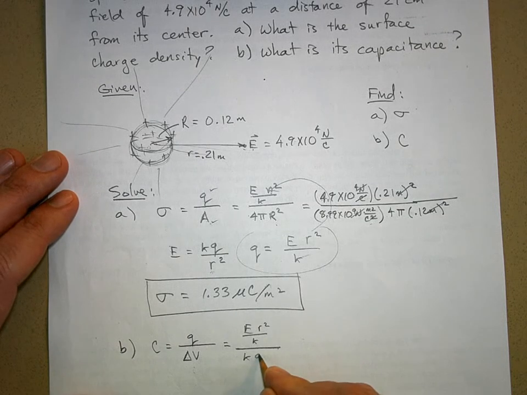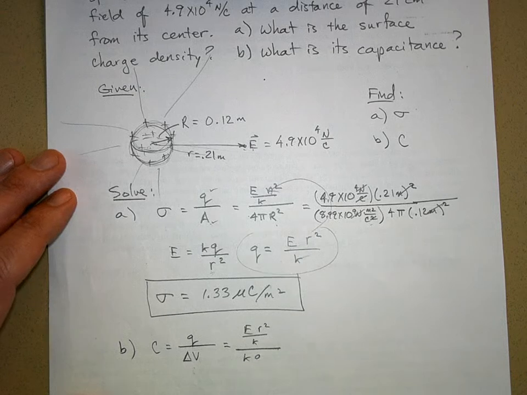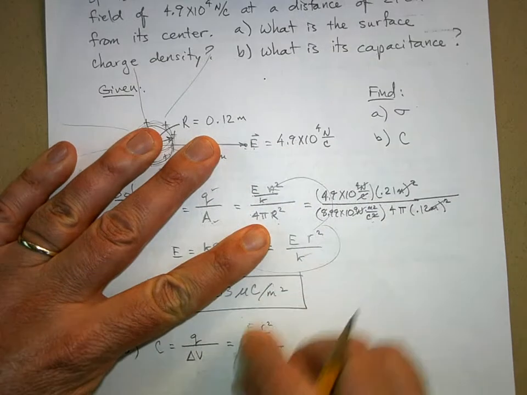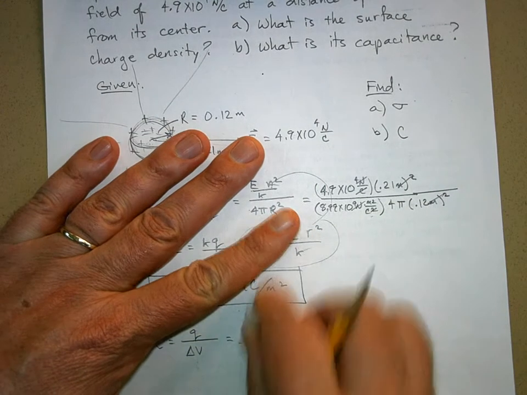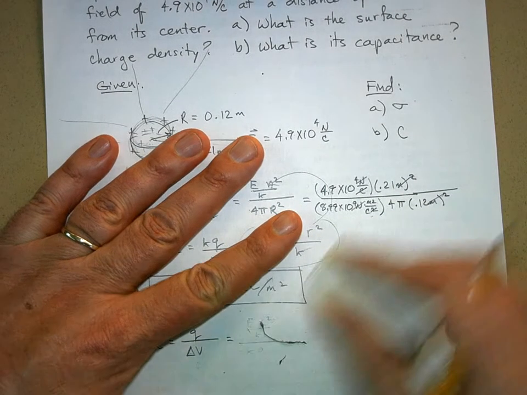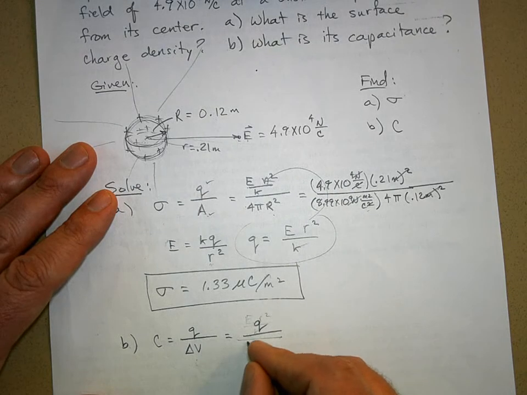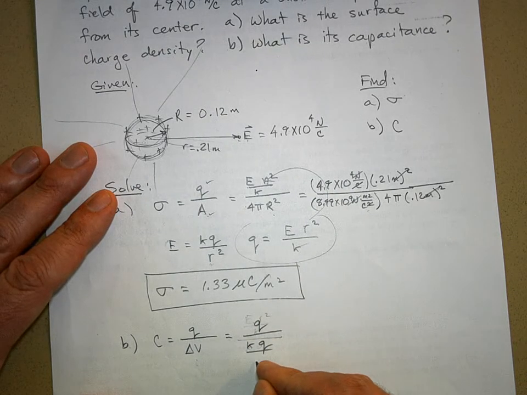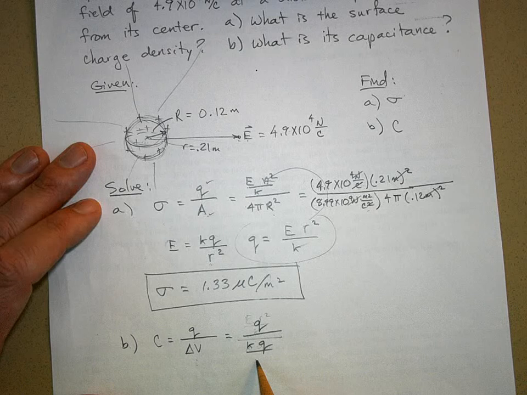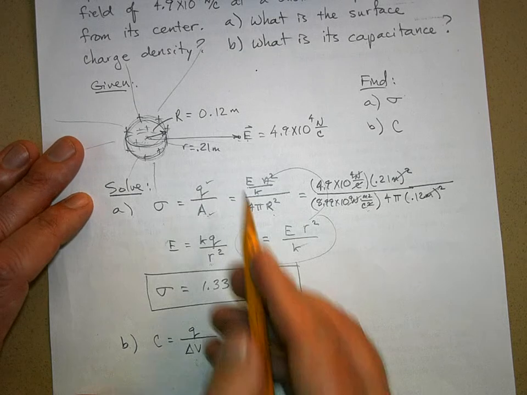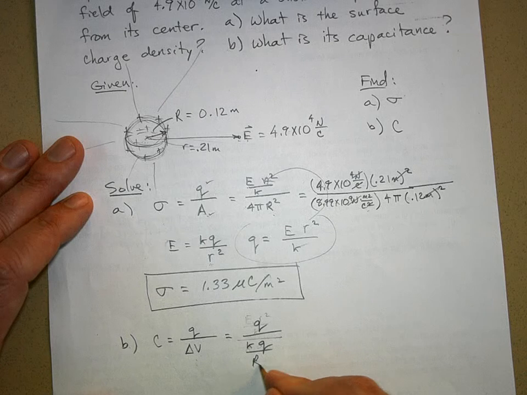Oh, wait a minute. Oh, hold on a second. I was doing this the hard way, because I don't need that. I can just go Q over, and this is K Q over, now what R do I use here? Where is the voltage? On the sphere itself. So I want to use capital R squared.